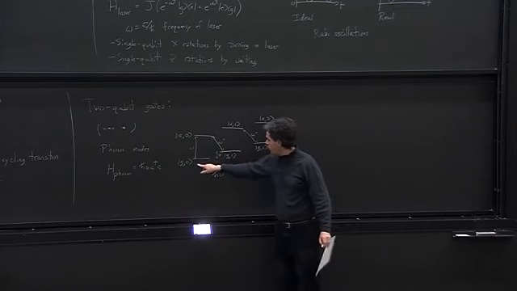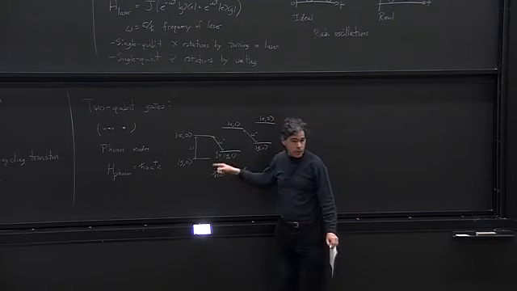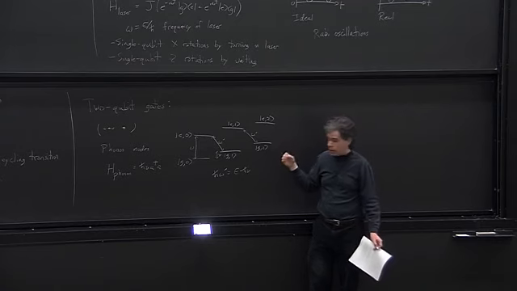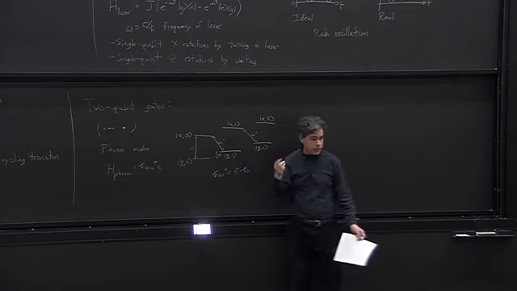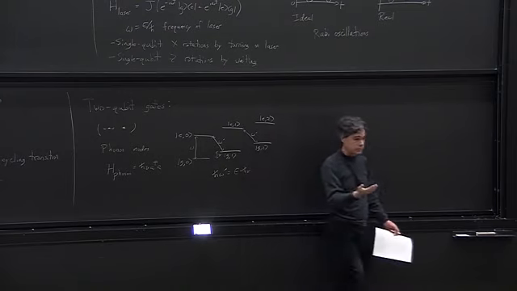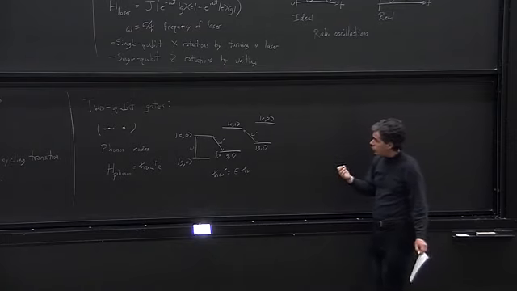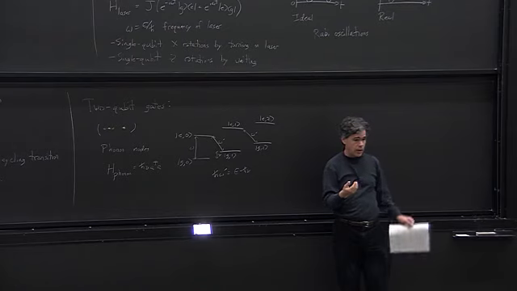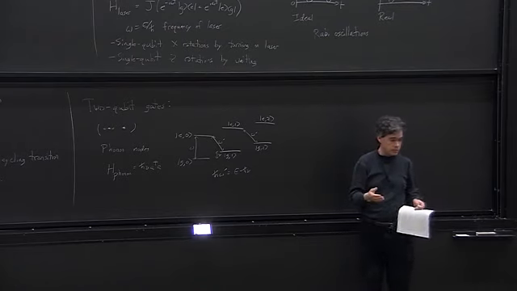What I've written here is just the energy levels for one atom. But the other atom has the same kind of picture. And the phonon state is the same for both of them because it's the same mode. But of course, the ground and excited could be different. And so the phonon is going to be what's called a bus that connects between the two atoms. And the two atoms are going to be our qubits.